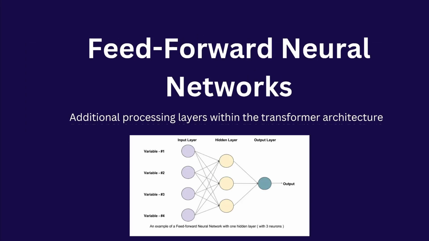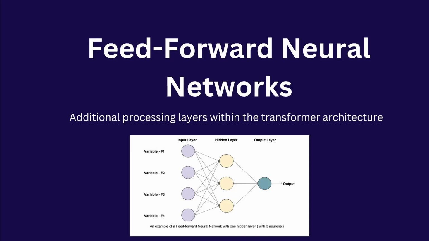And finally, we have feed-forward neural networks. Feed-forward neural networks are additional processing layers within the transformer architecture. They consist of fully connected layers that further process the output of the self-attention mechanism.